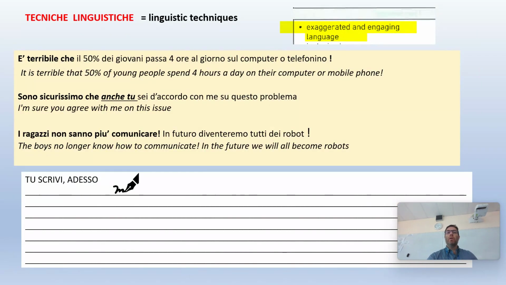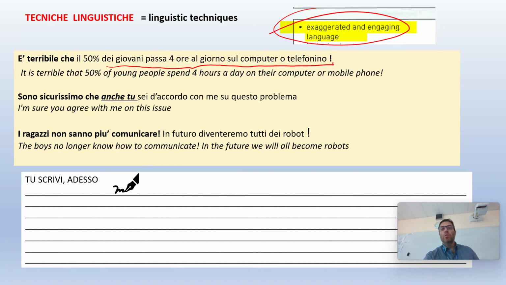So the first one that we're going to look at is making the language engaging and a little bit exaggerated. How do we do that? With exclamation marks. Look at those examples. È terribile che il 50% dei giovani passa 4 ore al giorno sul computer o telefonino!